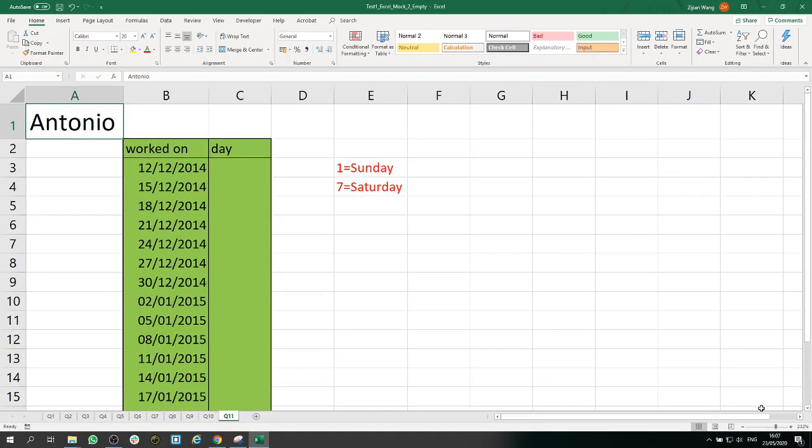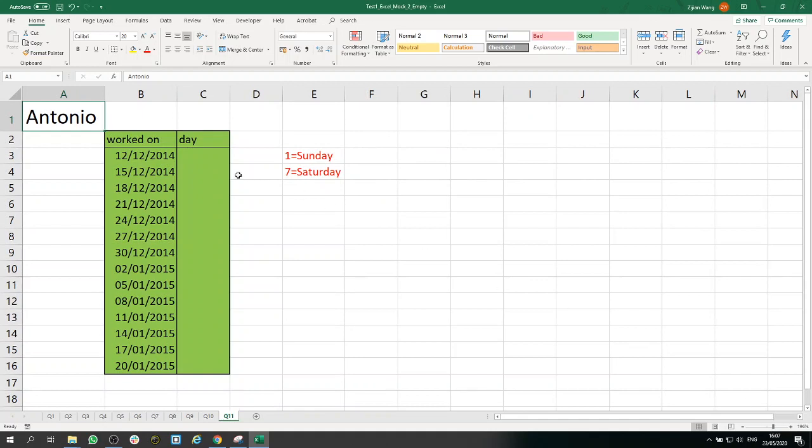Very last question of this exam. We need to know the weekday of a certain date, whether it's Sunday, Monday, or any other day. And here we have the instruction: the weekday should start with Sunday and end with Saturday.